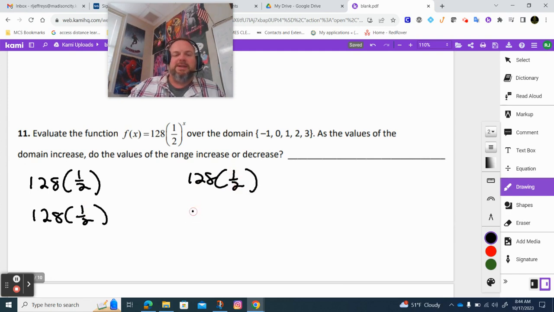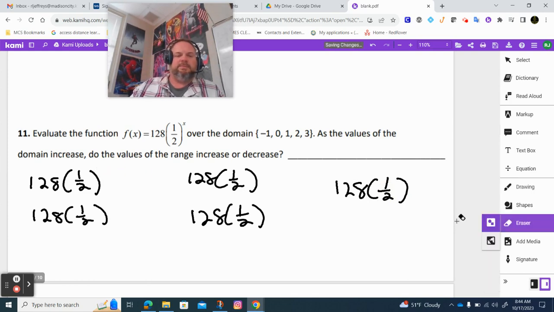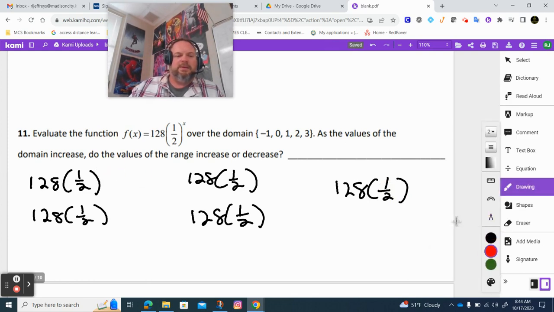Now, I'm just writing it out. Some people won't have to do this. You'll just use your calculator all the way. There's 5 of them. Okay, so we're going to have it to the -1. -1, 0, 1, 2, and 3.